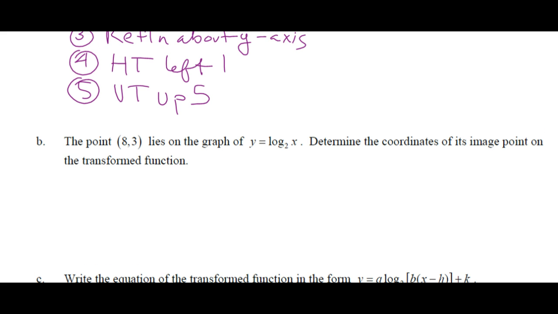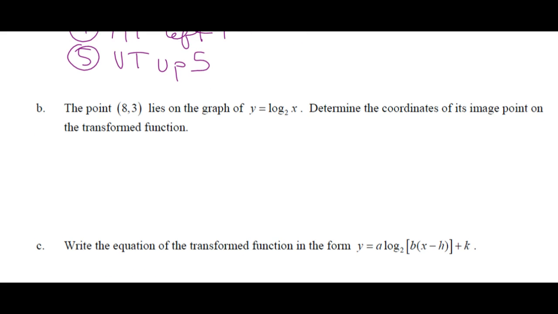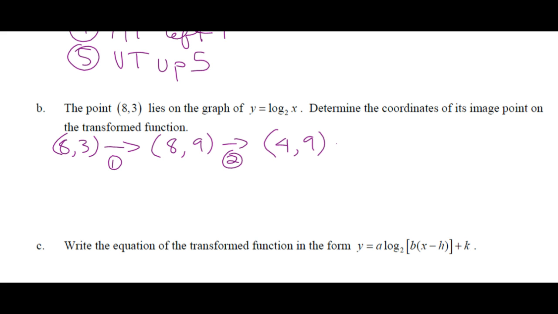Okay, what's the image point? So we can trace this out, right? So when I apply transformation number 1, which was what, vertical stretch by a factor of 3? Then I apply transformation number 2. And then 3.